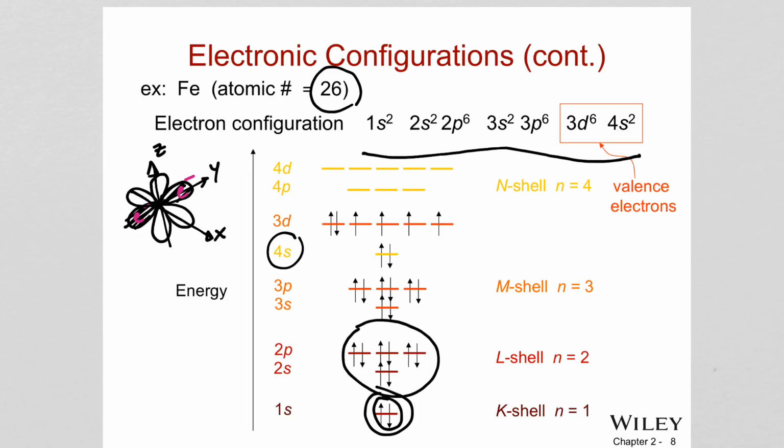So therefore, in some cases, 4s can have a lower energy than 3d. And electrons will fill these orbitals in a way to achieve the lowest energy configuration possible. And in this case, 4s will fill up first, and 3d orbital will accommodate the remaining 6 electrons.